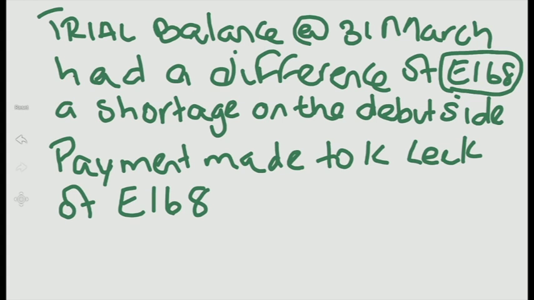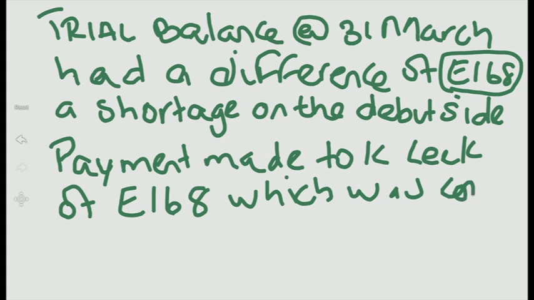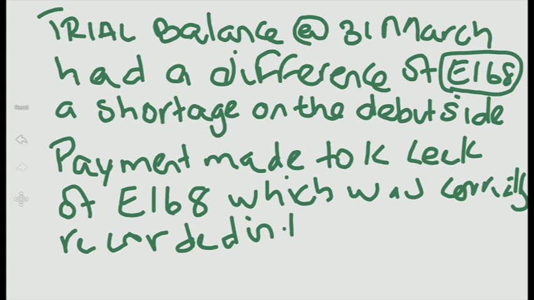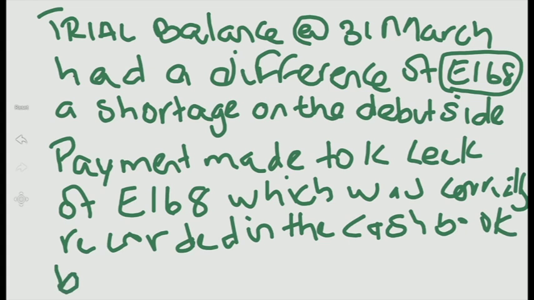When we tried to investigate, we discovered the error, which was a payment made to K-League of 168, which was correctly recorded in the cash book, but not in the personal account.